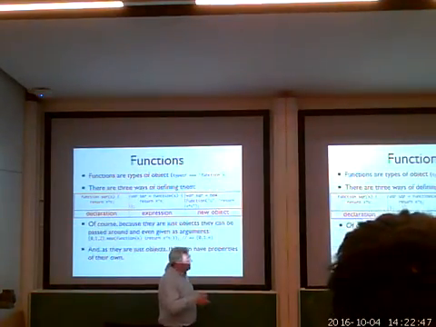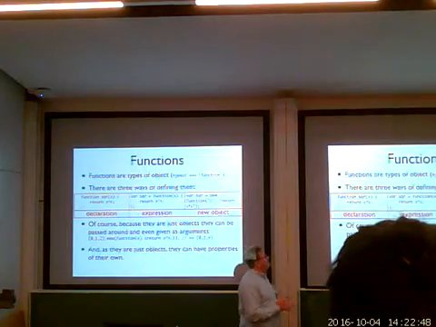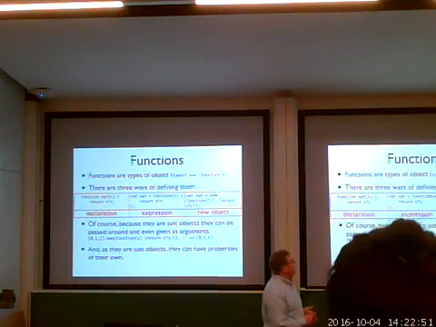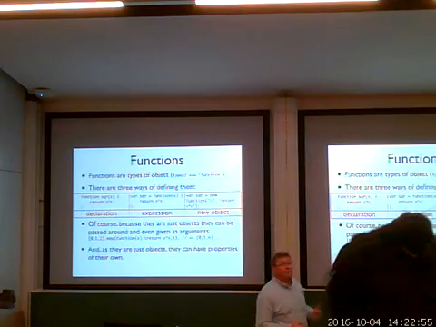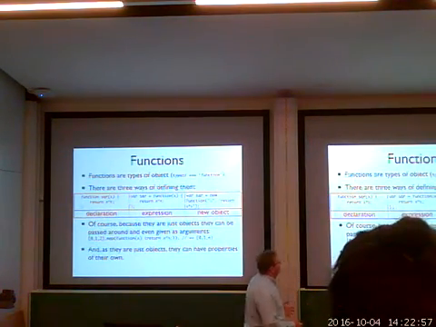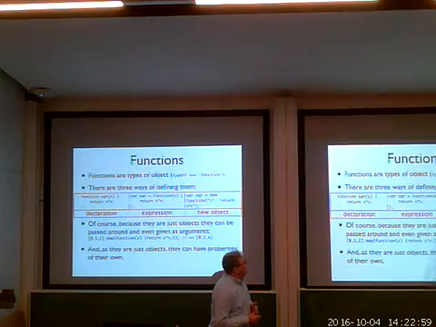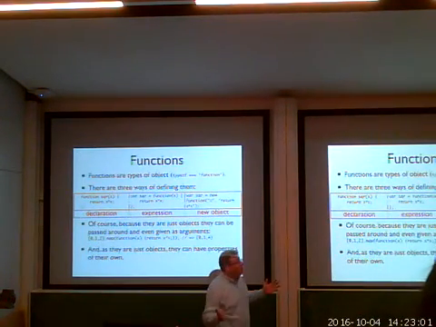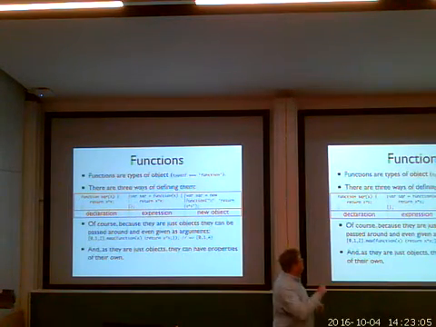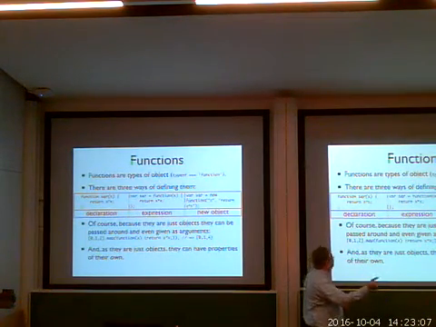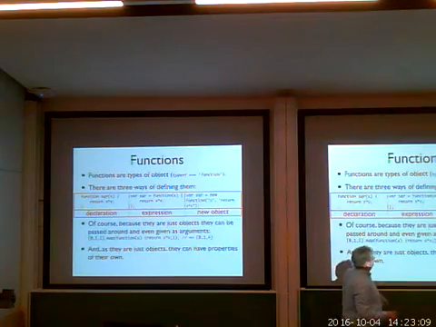Right. Functions. Functions are types of objects. However, well, maybe saying the type of a function is a function. Unlike with array. There are three different common ways of defining functions. You can declare them, so you say function name, there's parameters, and then the body of the function.